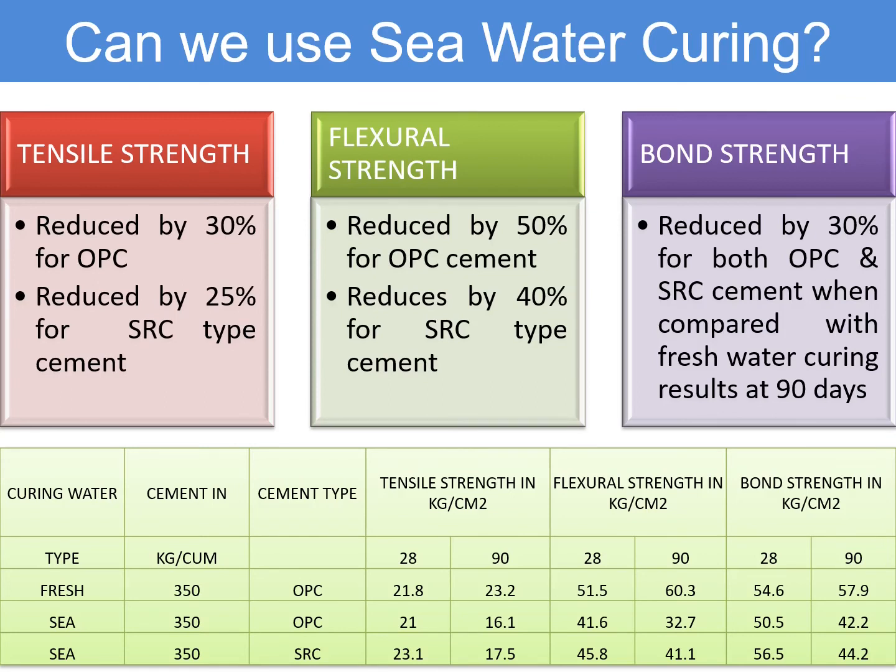So they will be reduced by almost 30 to 50% at any point of time, whether it is SRC or your OPC cement. So considering these two aspects, if you are bothered only about compressive strength, possibly you can use seawater. But if there is a requirement for tensile, flexural and bond strength also, then possibly you will have difficulty in using the seawater for curing.